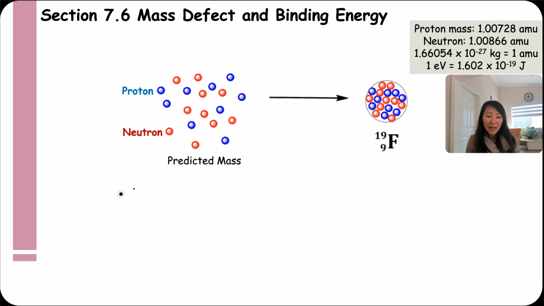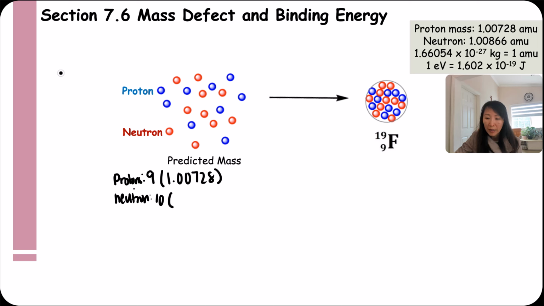So let's go ahead and calculate and see what the predicted mass might be if I were to combine all of these together. Since there are 9 protons, 9 of them, and each proton is 1.00728. And the neutron, there's 10 of them.